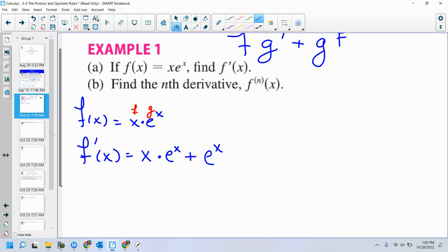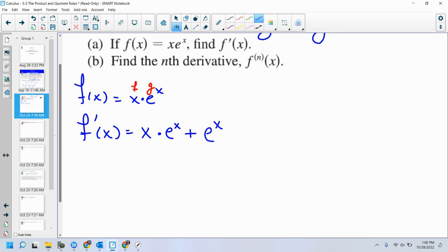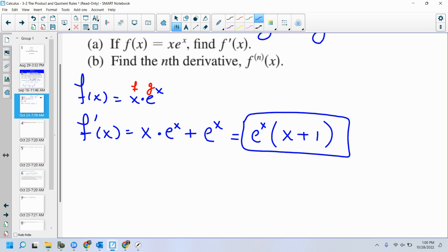Let's reduce it down a little bit, right? Can't I factor out an e to the x? So let's do that. So e to the x times x plus 1. Okay, that's the first derivative. Part B says, okay, let's take that and try to expand it. Find the nth derivative.